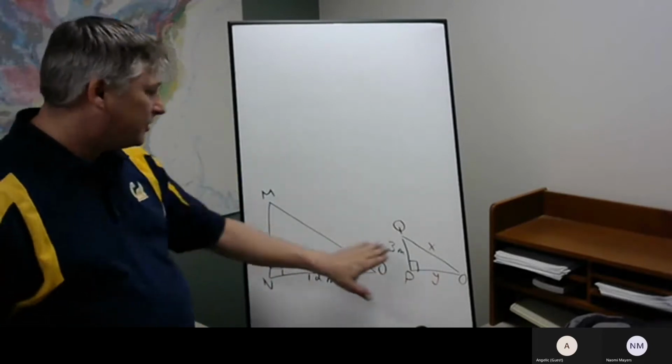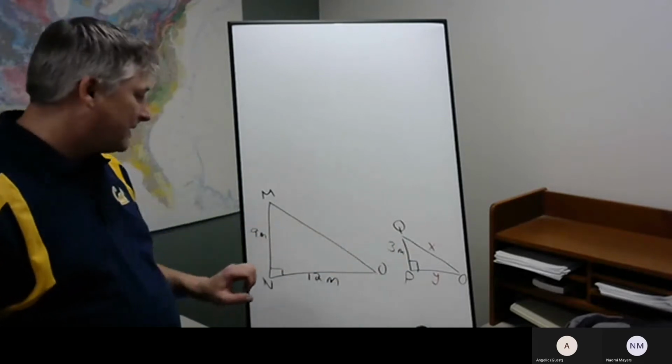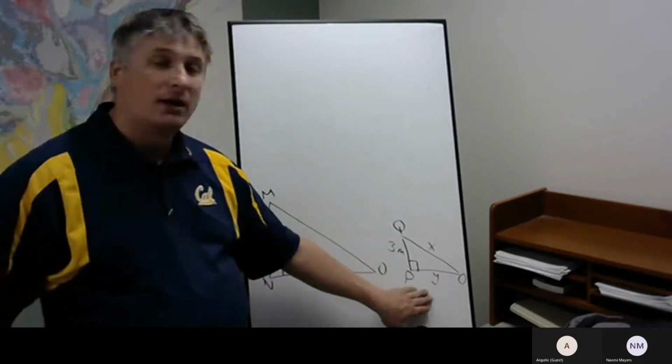So we can take the ratios of the backs and set that equal to the ratio of the bases.